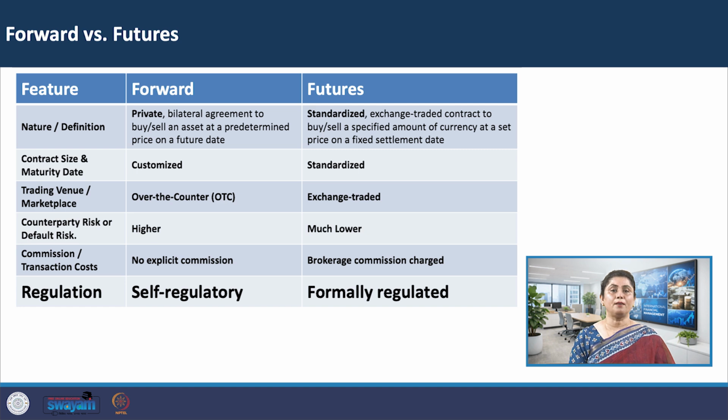Forward contracts are private agreements and therefore are less regulated. In India, foreign exchange forward contracts are governed by the rules of the Foreign Exchange Dealers Association of India, while future contracts are more regulated because they are traded on exchanges and are monitored by regulatory authorities. Exchanges have strict rules regarding trading, reporting, settlement, and margin requirement.